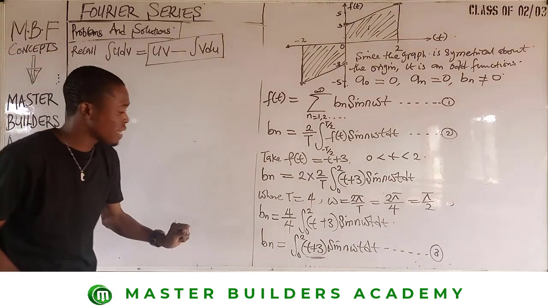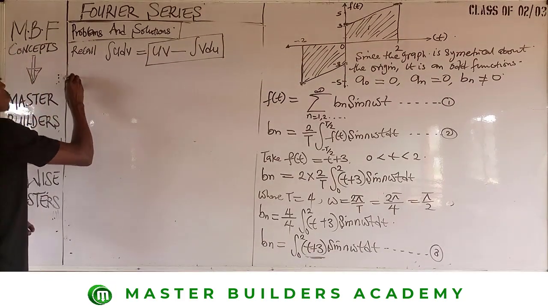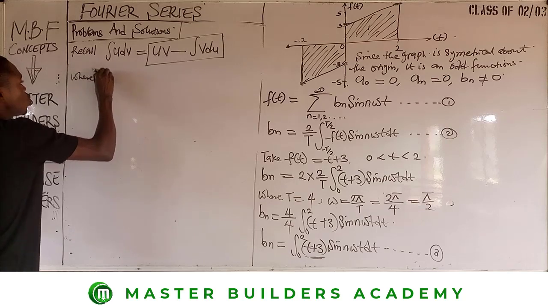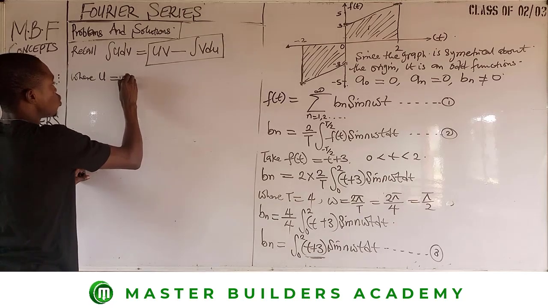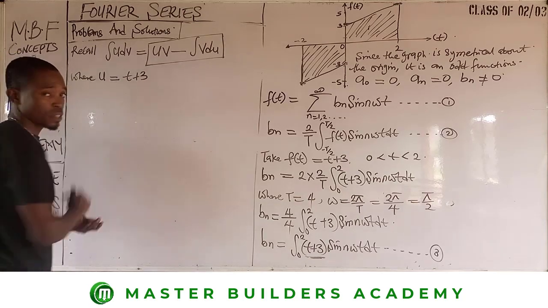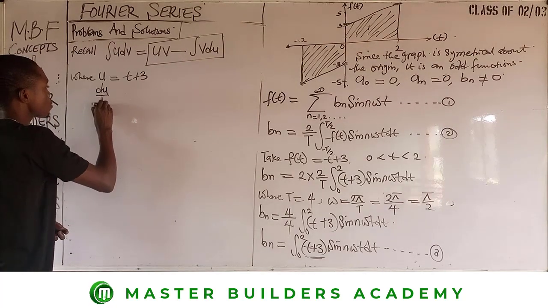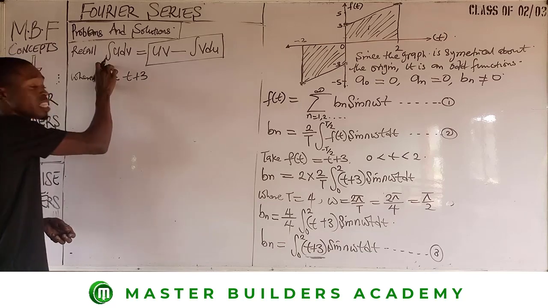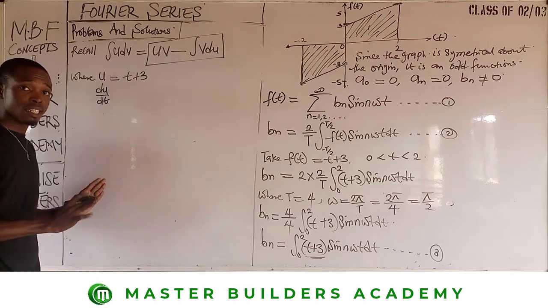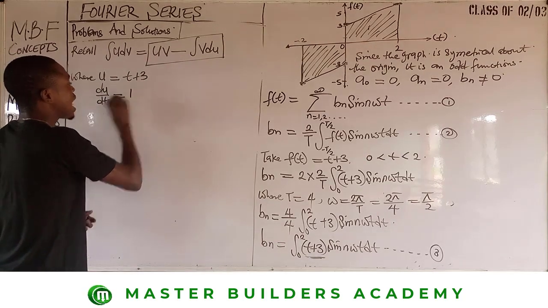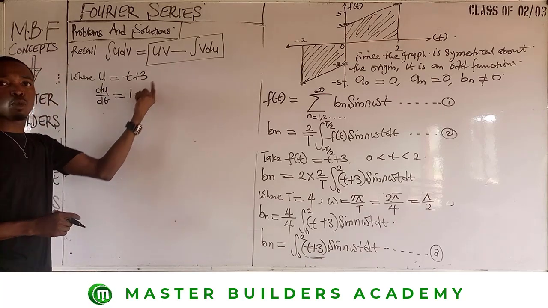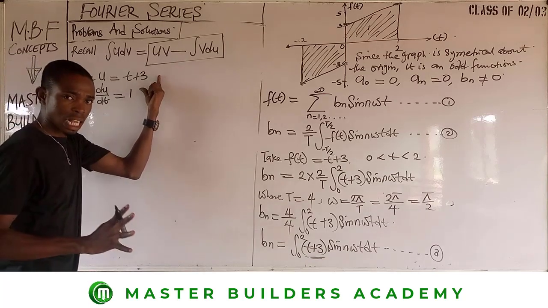Now let's extract the parameters. Where u is equal to t plus 3. And now when you differentiate u with respect to t, this would have given us 1. If you differentiate t, you have 1, but when you differentiate 3, being a constant, you have 0.